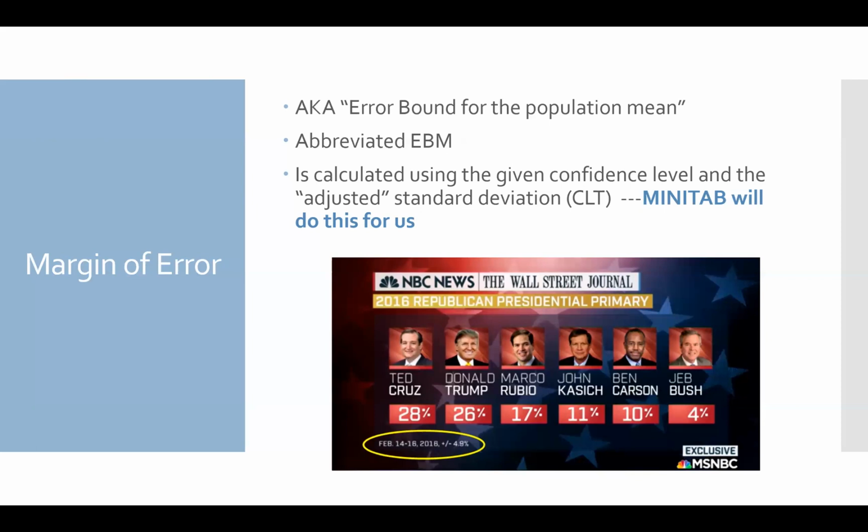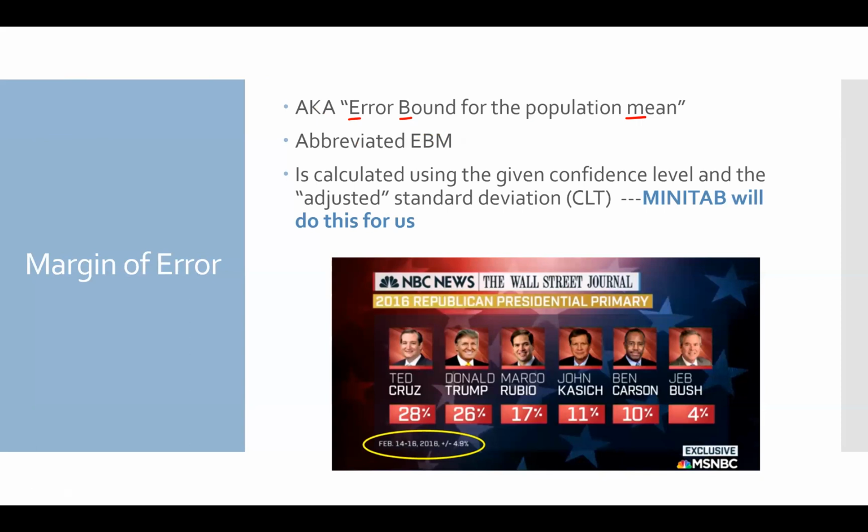Okay, so that's what we call the margin of error. The margin of error is how much could we be off? Margin of error is kind of the language used by everyday people. In statistics, we like to use fancy names. So in statistics, the margin of error is officially known as the error bound for the population mean, which is abbreviated EBM.